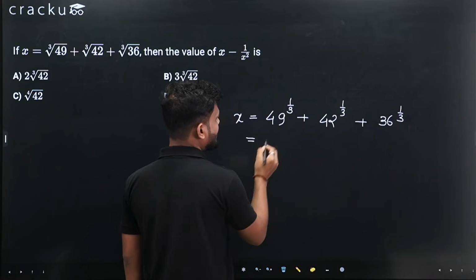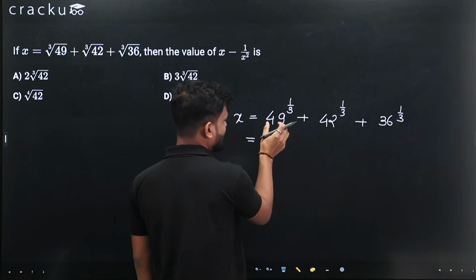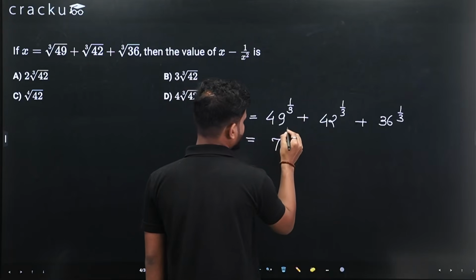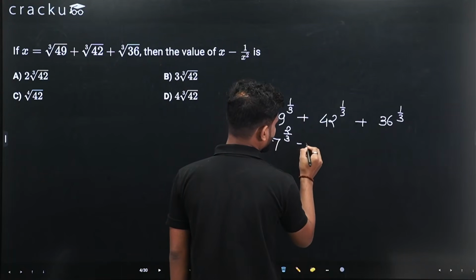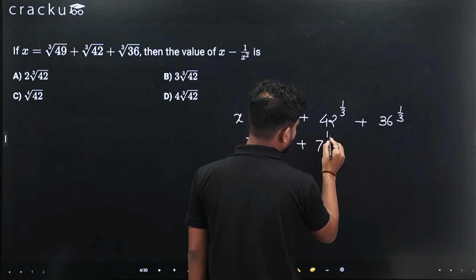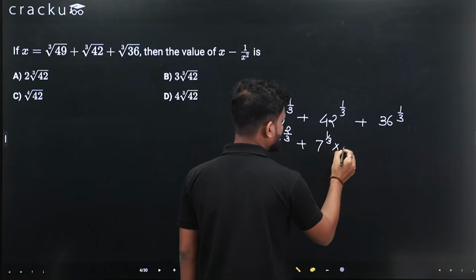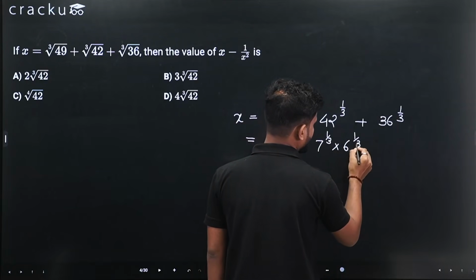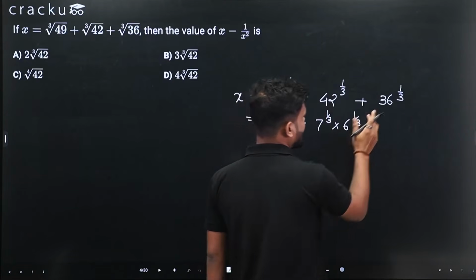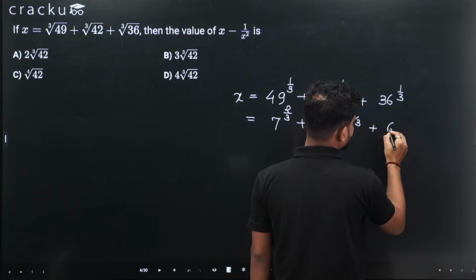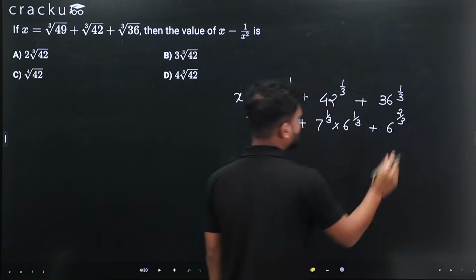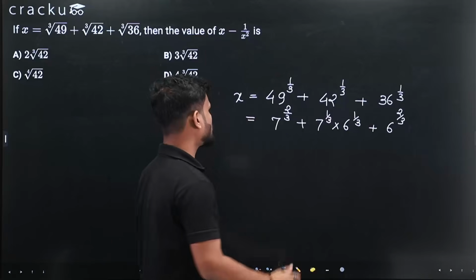Correct? From here I can write 49 as 7 square. So this is 7 raised to 2 by 3 plus 7 raised to 1 by 3 into 6 raised to 1 by 3 plus, I can write this as 6 raised to 2 by 3. Why? Because 36 is 6 square, so 6 raised to 2 by 3.